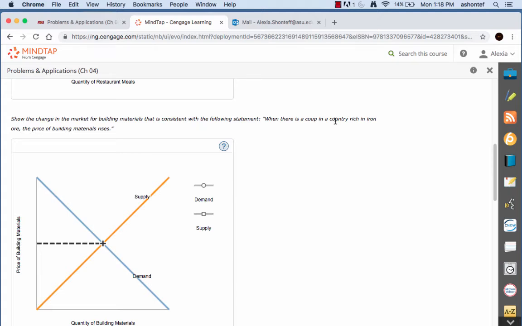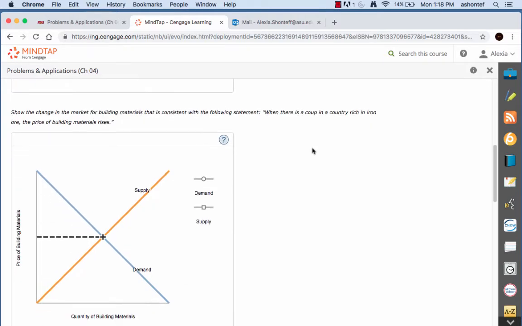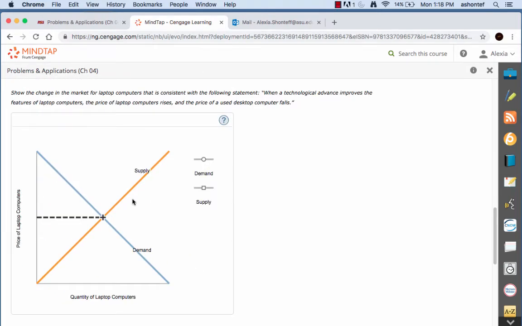Really what this question is trying to get you to think about is, if in a country that's rich in this resource of iron ore the government's suddenly overthrown, what do you think is going to happen to production? That's how you want to approach this. Is it going to go up or is it going to go down? So see if you can do that one.